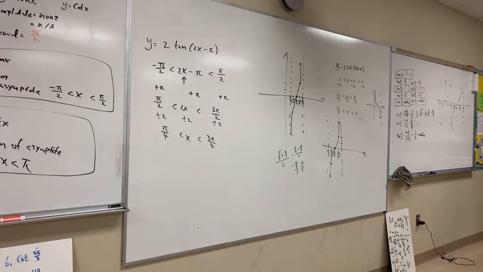Almost like tangent, but the restrictions are still different. The restriction is going to go by cotangent. Are you following me? Okay, so this is pretty much the tangent and cotangent graph.